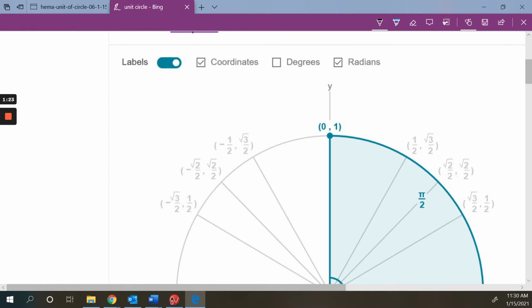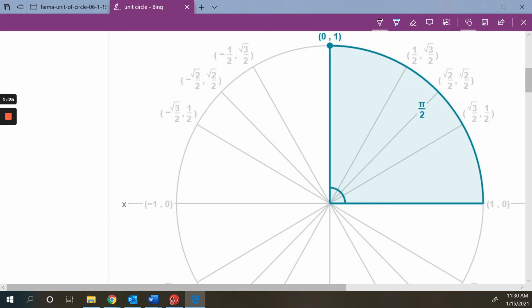It is talking about the length to start from here and to go all the way around. So if that black line were a piece of string that I could straighten out and then measure, it would measure exactly pi halves.